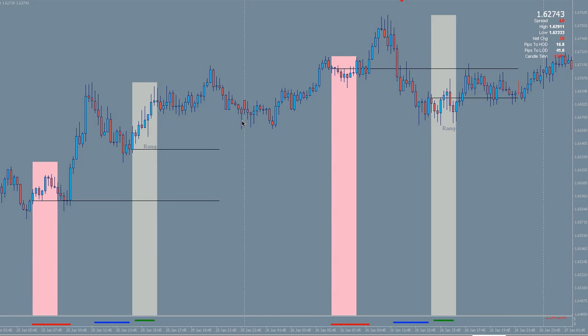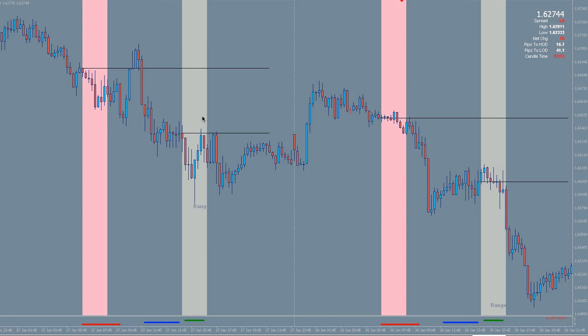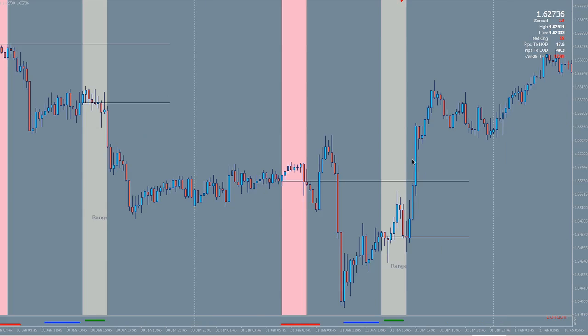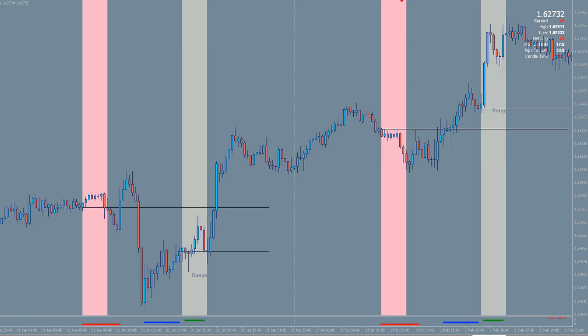It's not perfect, guys, but it's handy and it is what it is. It's a Judas swing. The Judas swing is actually here for this one. It's past the time. Seen a lot of Judases past the time on Great Britain, Aussie.